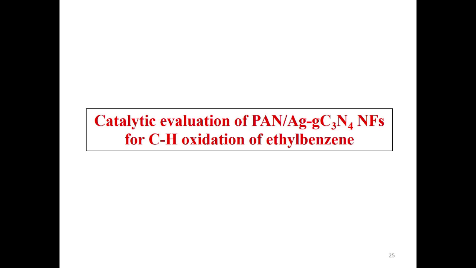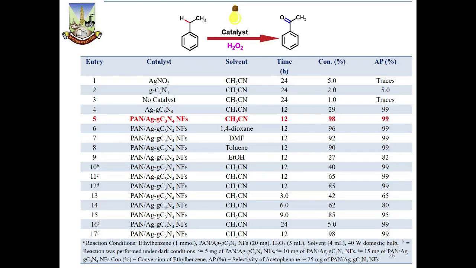Next reaction is the CH oxidation of methyl benzene. Here ethyl benzene is being taken, the same reaction conditions are being used, and there is a conversion taking place to acetophenone.